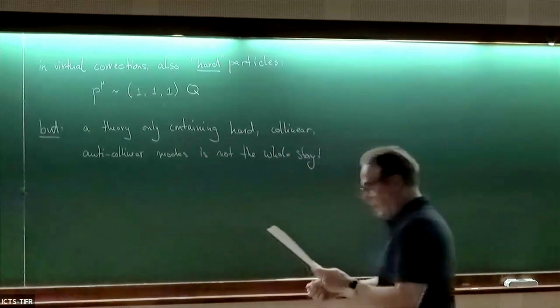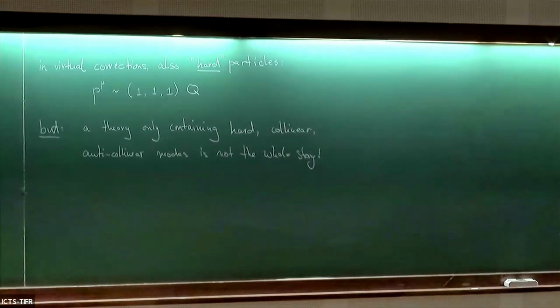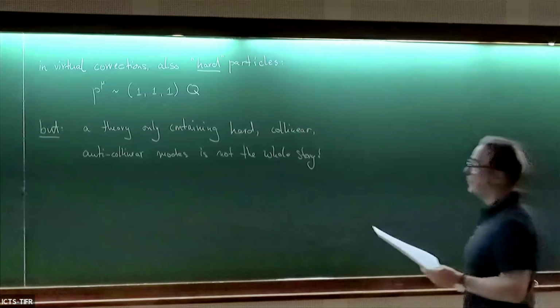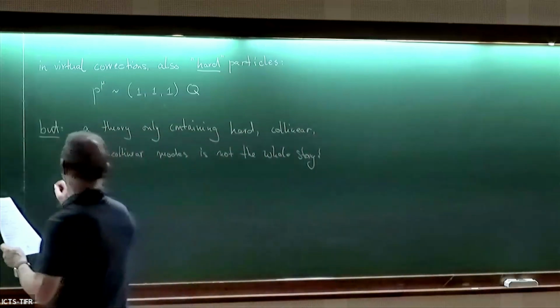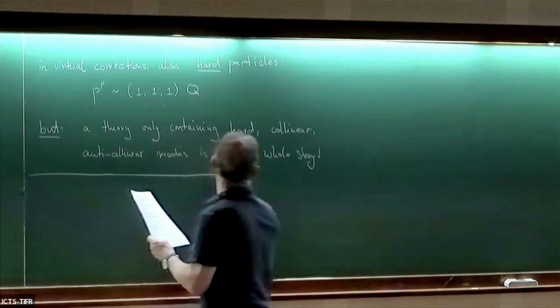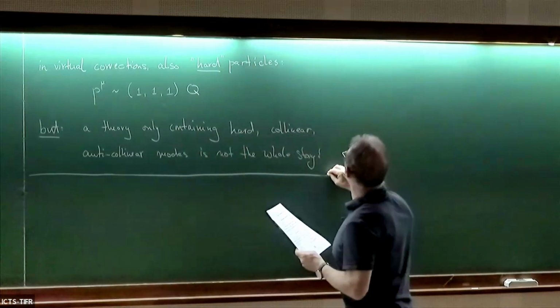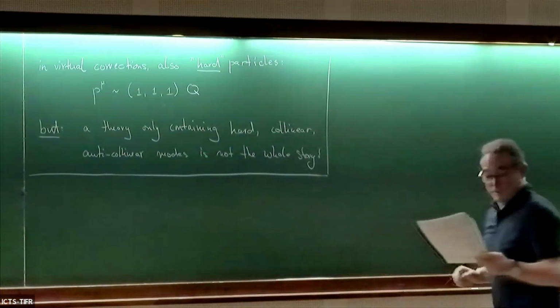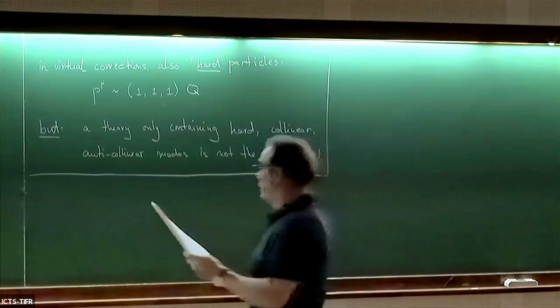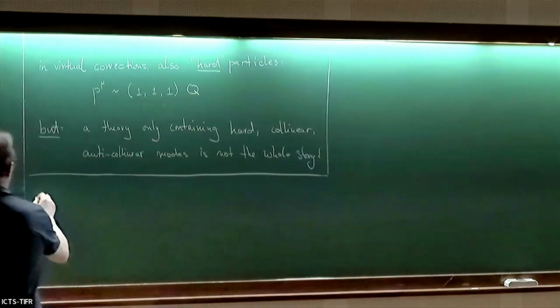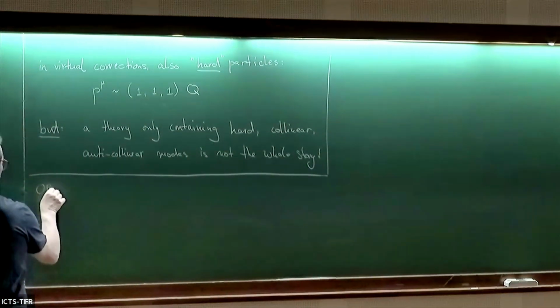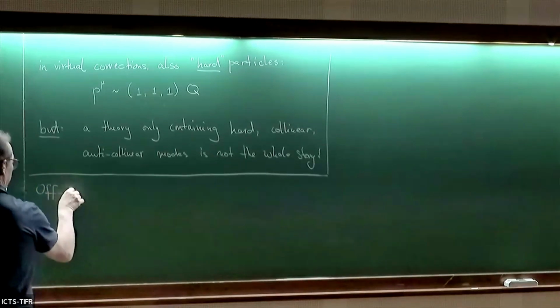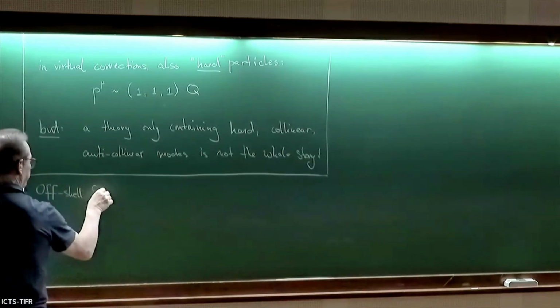And I could now tell you what you need to add to the theory to make it a whole story, but it's much more instructive to study an explicit example. And the explicit example is paradigmatic for SCET. It's the Sudakov form factor. And in fact, what I'm going to study is the off-shell Sudakov form factor.